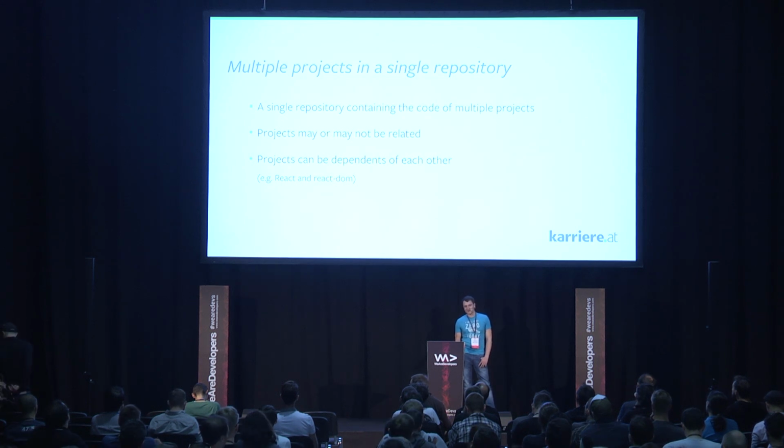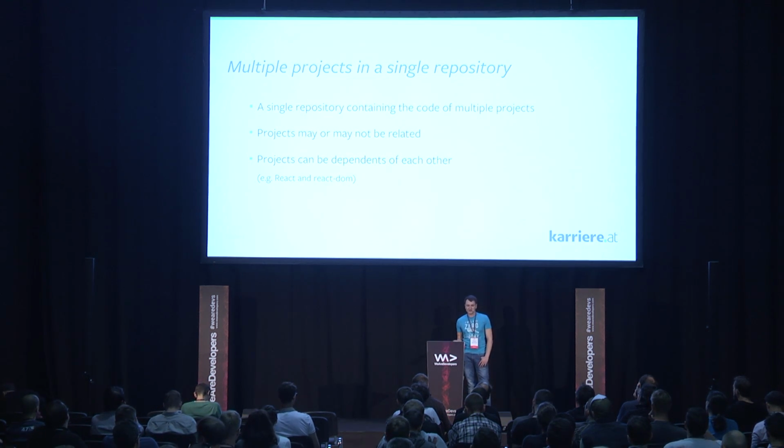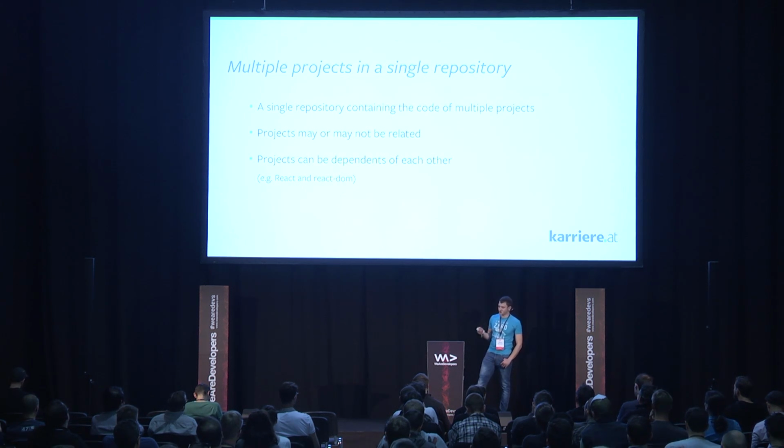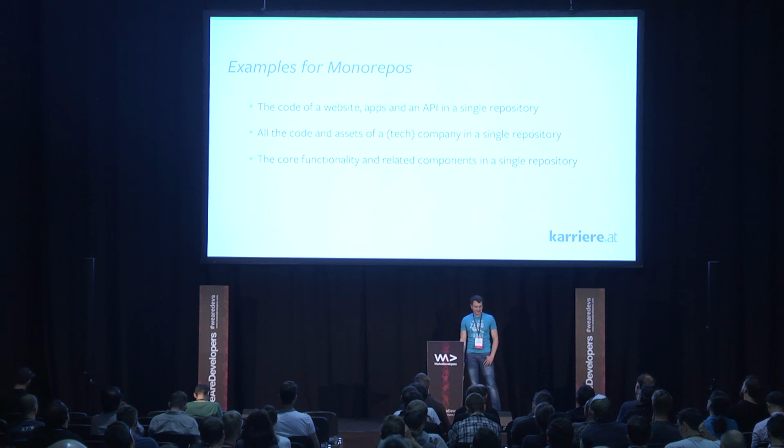One example for a project consisting of related projects would be React. React is maintained using a monorepo, and it contains the core functionality, which is React Core, and components like React DOM, which depends on the React Core package.